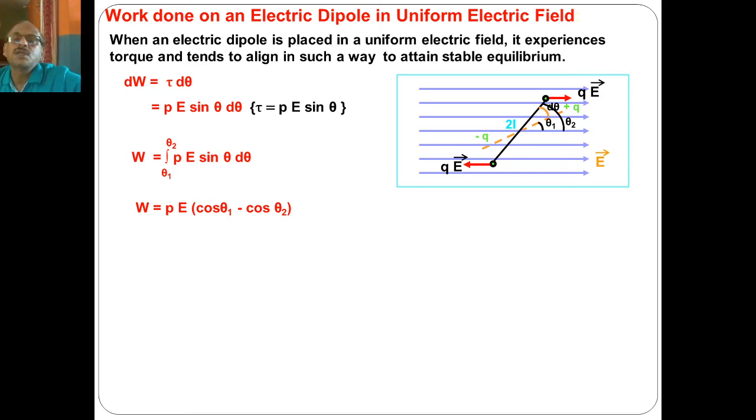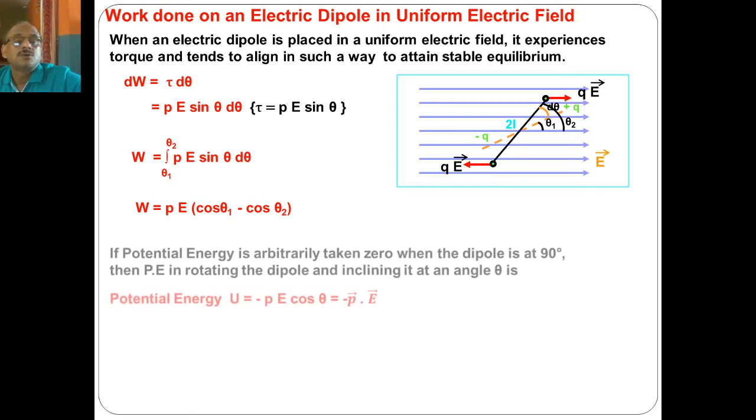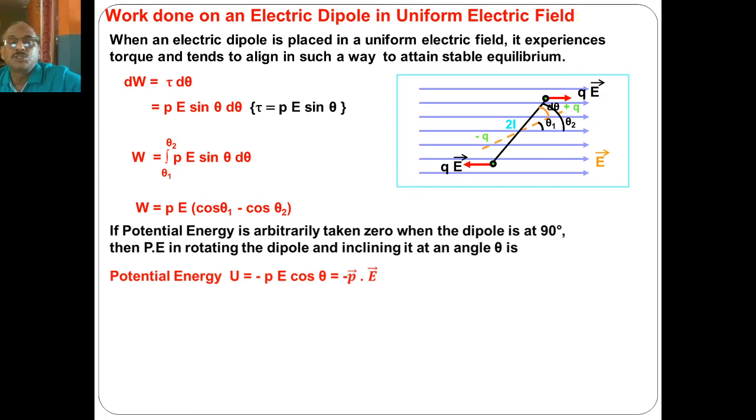You can choose any position where potential energy is 0, but accordingly you have to modify. So if we take theta 1 as 90 degree and theta 2 as theta, then potential energy U equals minus P E cos theta, and we know AB cos theta is the scalar product of vectors A and B. So here P E cos theta is the scalar product of dipole moment and electric field.